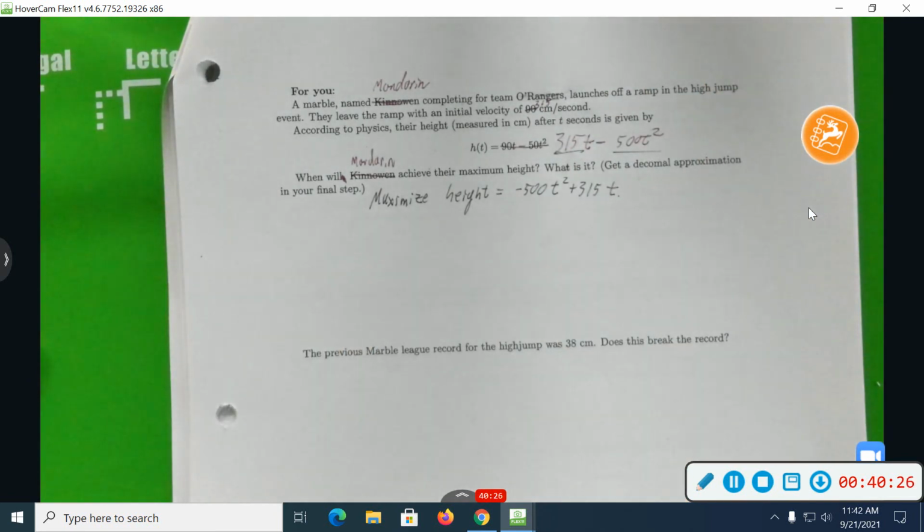Time measured in seconds, height measured in centimeters. So, does that look like a problem to which the vertex formula applies? Right? Well, it's something having to do with physics, so it's going to go up and then come back down. So it'll be a parabola that opens downward. The vertex maximizes. Let's find the vertex.